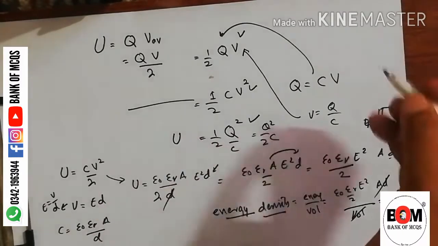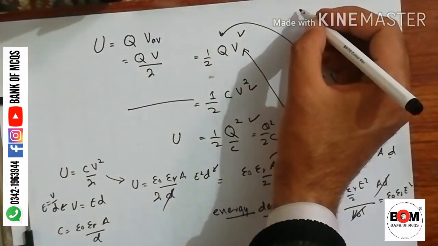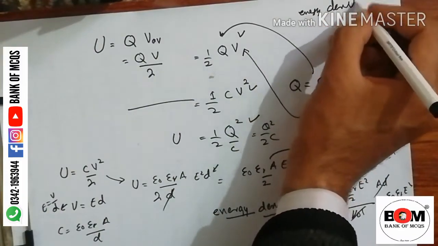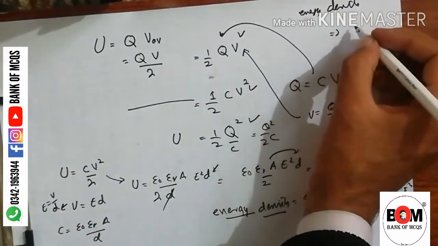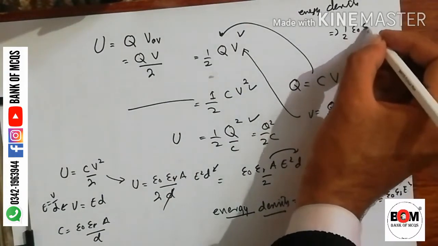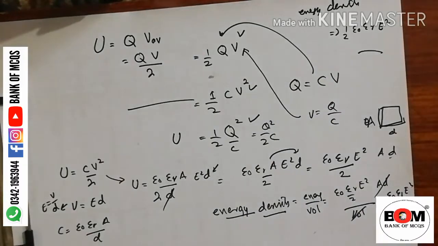In ETEA 2018, there was an MCQ like: which one of the following equations shows the energy density equation? In the options, there was an option like this: half epsilon naught epsilon r into E square. So this is the equation for energy density.